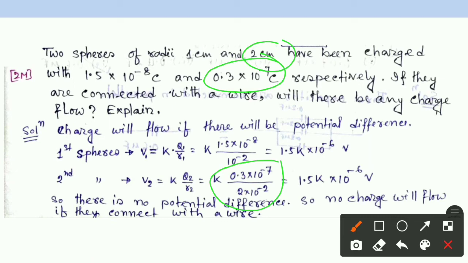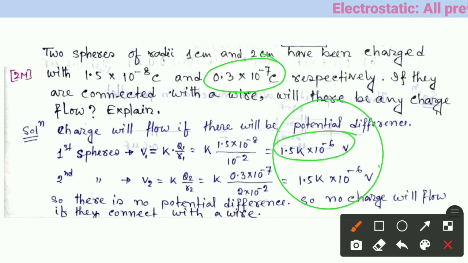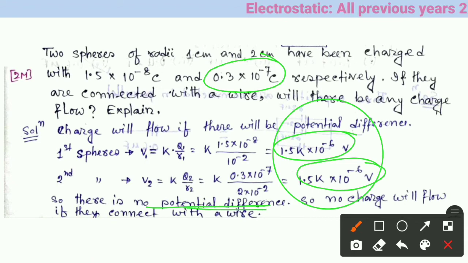So we get the value 1.5 K into 10 to the power minus 6 volt. So we can easily see that the potential of the first sphere and second sphere are the same. So there is no potential difference, and no charge will flow if we connect them with a wire.